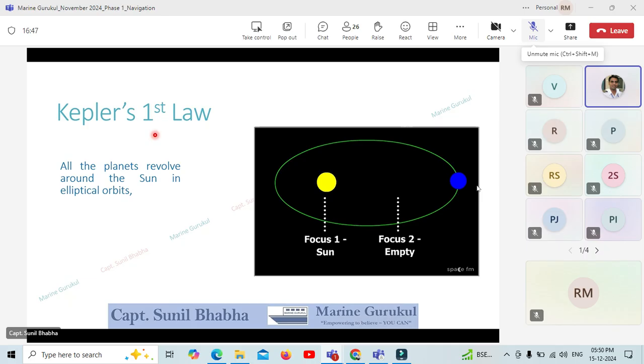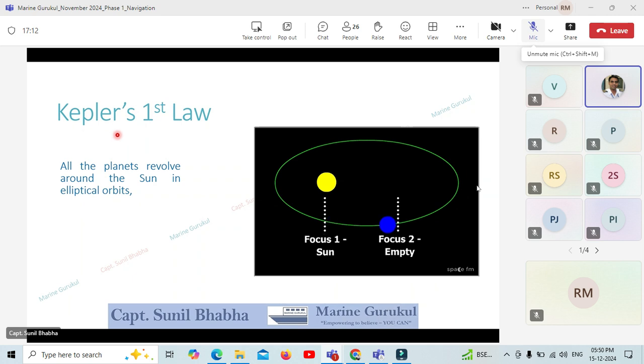The first law of Kepler states that all the planets revolve around the sun in elliptical orbits. So as you can see, we have this blue color planet revolving around the sun in an elliptical orbit. The green color orbit which we see in the diagram is having elliptical shape.